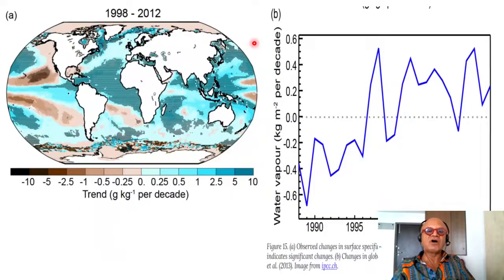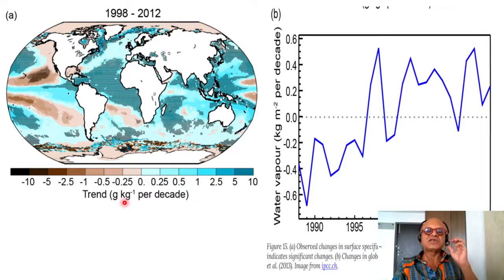Okay, so now we are warming on top of this, so we can look at the changes in surface specific humidity estimated from satellites. Dark shadings here indicate significant changes. So when you look for changes, as in trends or differences, this is the trend in grams per kilogram per decade.